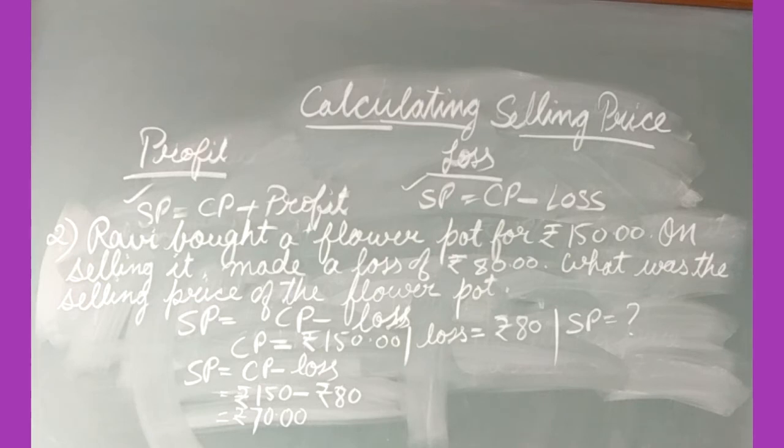So what is the CP here? Rupees 150, and the loss is rupees 80. So rupees 150 minus rupees 80. What answer did you get? Rupees 70. So the selling price of the flower pot was rupees 70.